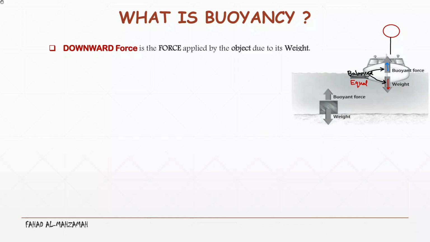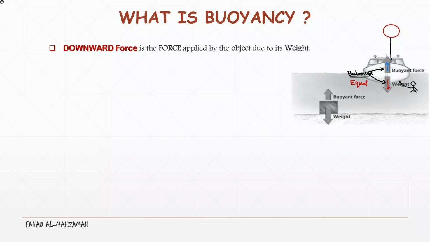Suppose I bring the weighing scale, and I need to measure the weight now of the ship inside the liquid. How much do you think the weight of the ship is now inside the liquid? If you put your hand here, how much weight do you feel from the ship?